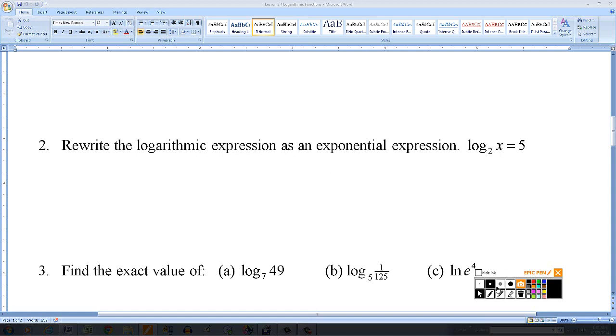To go to exponential, I simply have to take the value, which in this case is x, the value in here, and that has to equal whatever the base is, which is 2, taken to the value over here. In other words, the 5 is the logarithm, so that's the exponent. X is equal to 2 to the 5th. That's your exponential. So log form is here, then we go to exponential.